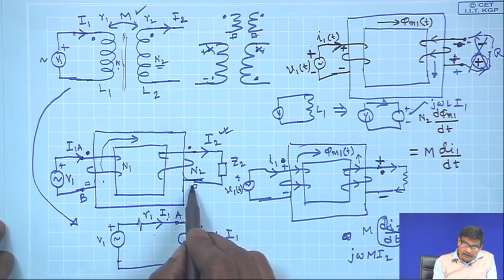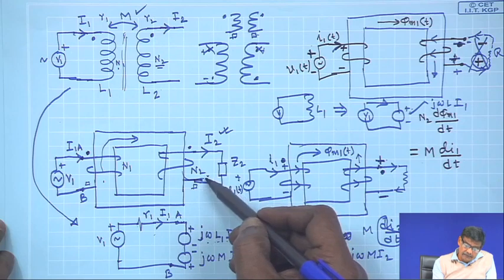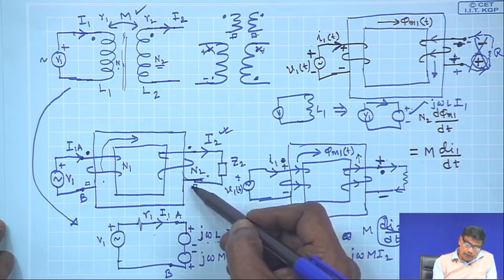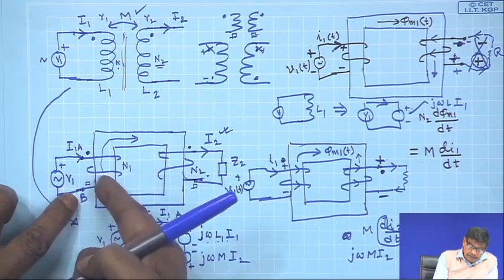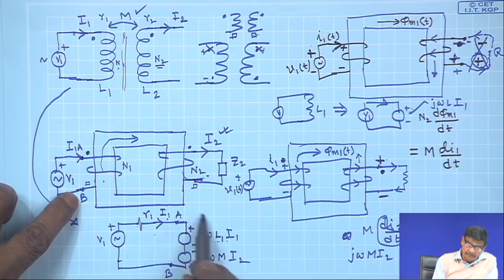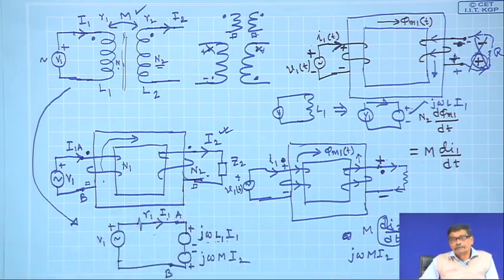So, I have marked it as square square. So, current is entering I 2 here. So, the polarity of the induced voltage because of I 2 in this coil has to be lower side plus, and you will be getting this equivalent circuit.